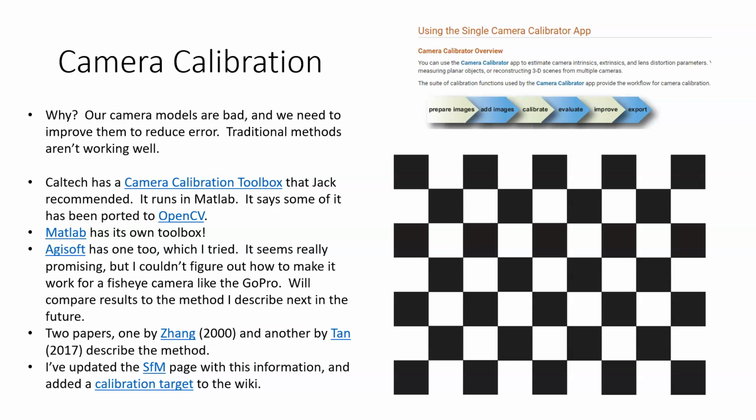So we've talked about many times when we're doing structure from motion reconstructions, the camera model, the sort of physics-based description of the camera lens and the camera sensor is important. Without that, you can end up with images that just aren't right.